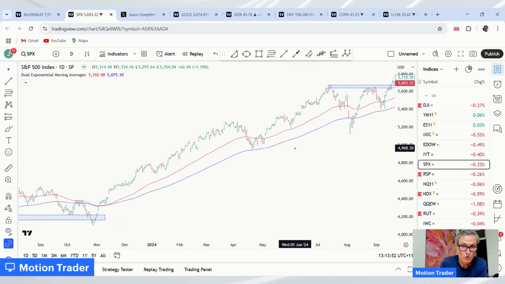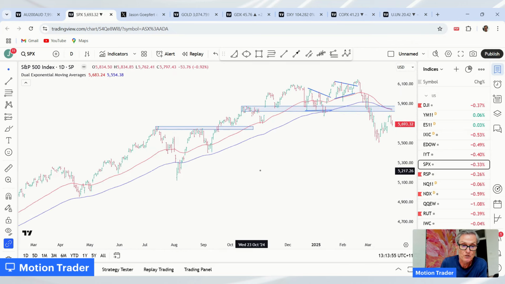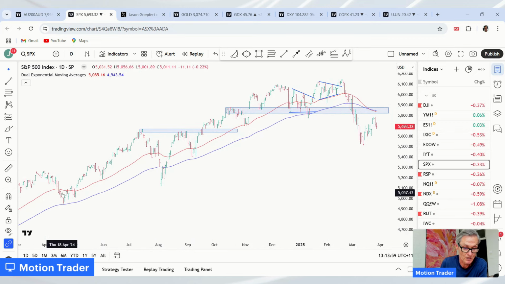But the difference, of course, now to what we saw last May is that whereas in May prices were coming back to rising moving averages, this time around we're now below moving averages, which are declining. So I think we need to be on guard whilst this structure persists.